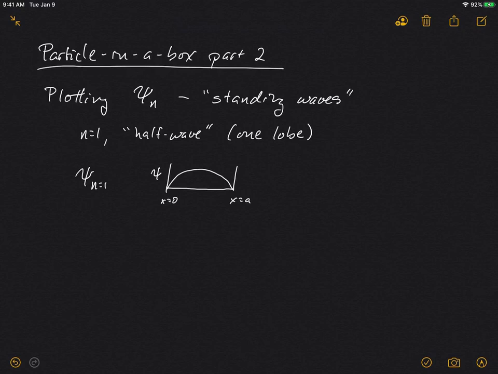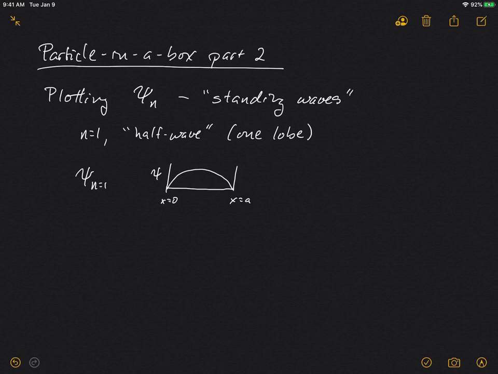And then we ended up with a second order differential equation, which we solved. It's an eigenvalue type equation. And we got energy levels and wave functions.